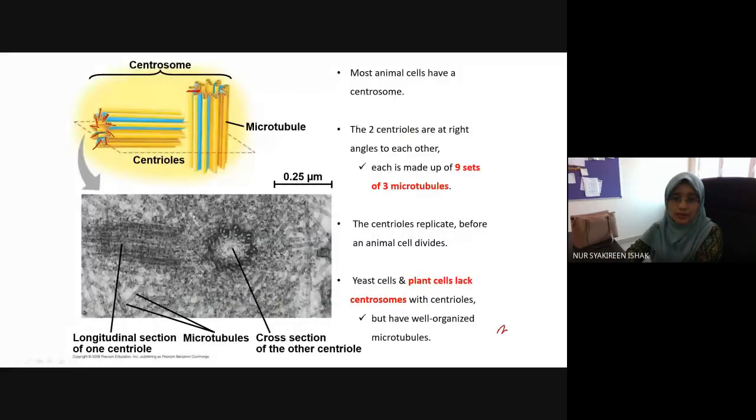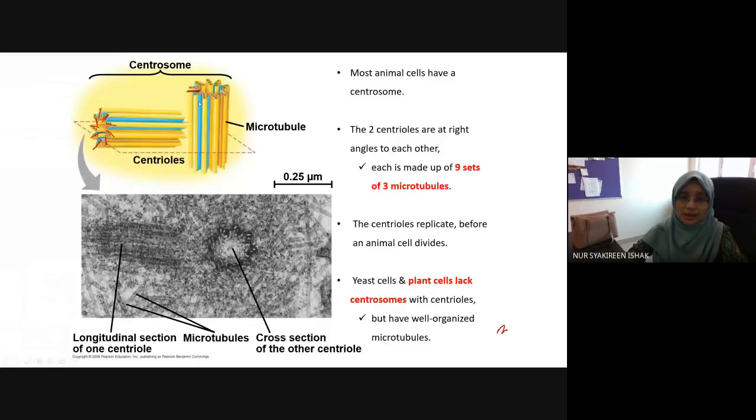If you look at this diagram, this is the structure of the centrosome. The centrosome is made up of 2 centrioles, aligned 90 degrees to each other. This is the image under the electron microscope. Each centriole is made up of 9 triplets of microtubules arranged in a ring.